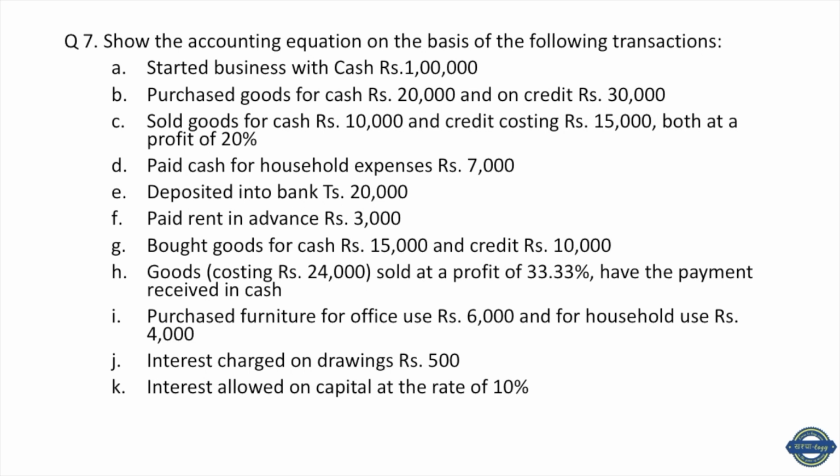Let's continue with the seventh question. This is the last question that we are going to solve for accounting equations. Show the accounting equations on the basis of the following transactions. Started business with cash rupees 1 lakh, purchased goods for cash rupees 20,000 and on credit rupees 30,000.